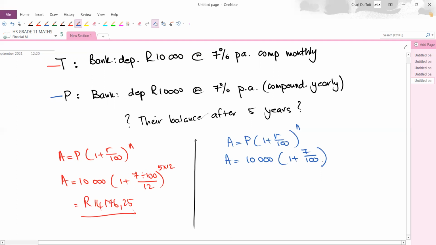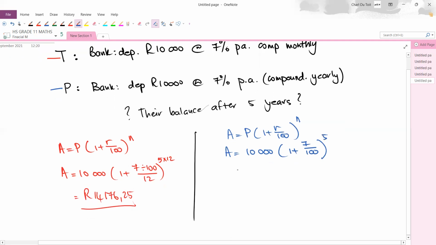So it's just 7% to the power of 5, because each year I'm going to make one calculation. So at the end of the day, Peter has got 14,025 rand and 52 cents.